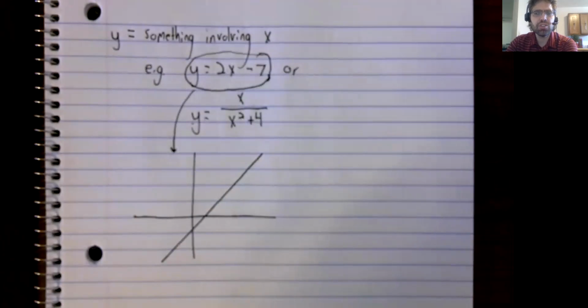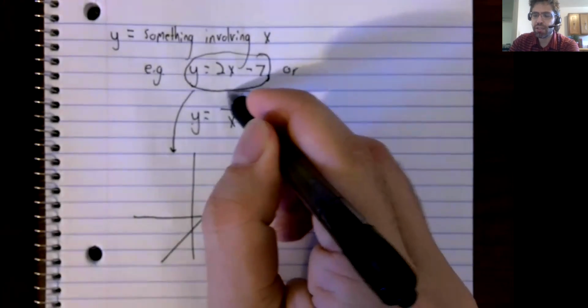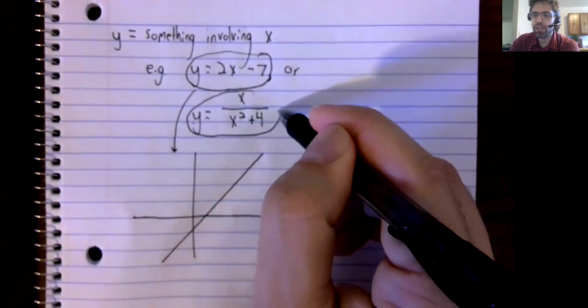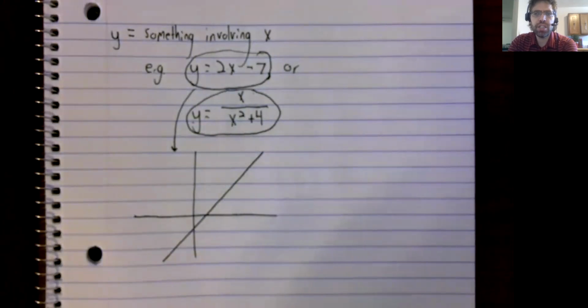But we can't always do that. So we can't just look at this second equation and immediately know what its graph is. Really, for most plotting, I use a calculator or some other form of computer assistance.